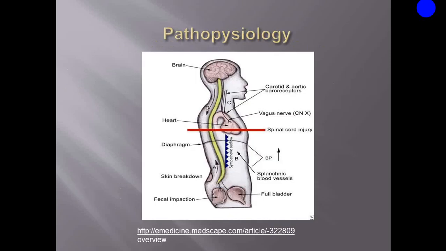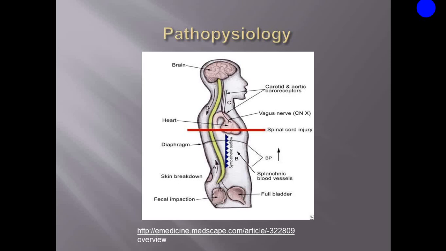The diagram in front of us: when we want to talk about the pathophysiology of autonomic dysreflexia, we should know that the red line in this diagram is the line where autonomic dysreflexia appears or is considered to be a crisis for the patient or not.